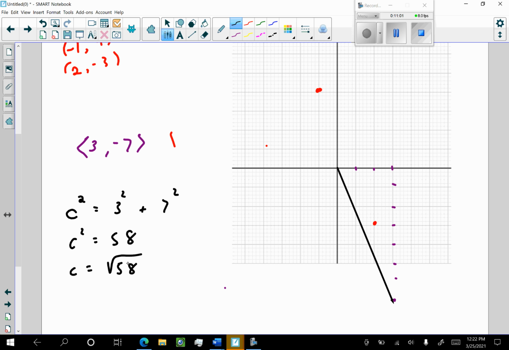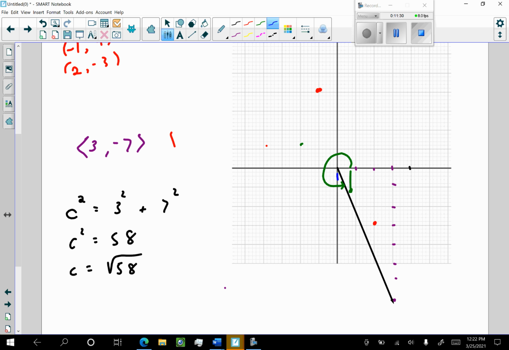Now, to find the angle, what we want to do is find this angle right here. It's a positive angle that starts at the positive x-axis and sweeps around counterclockwise. You have to think a little bit here.